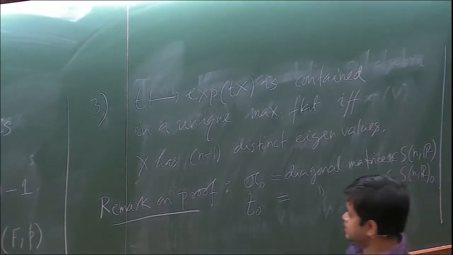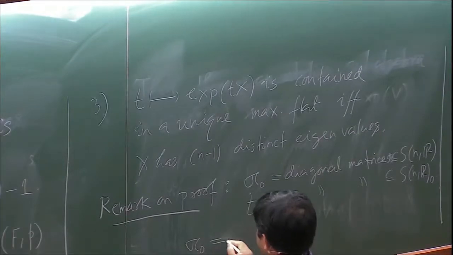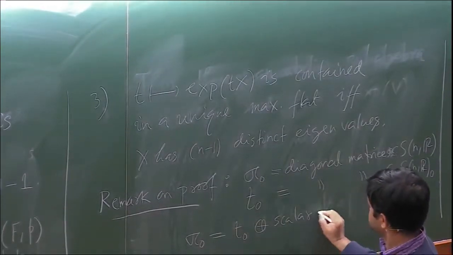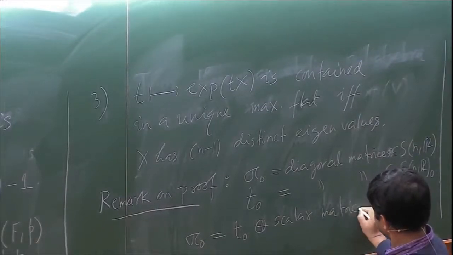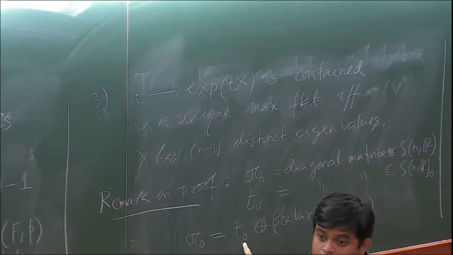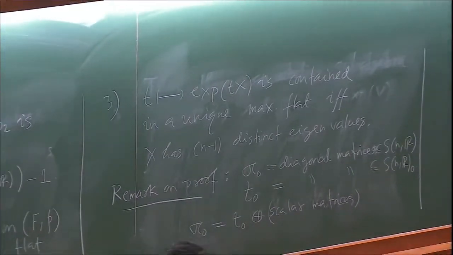Then you just notice that A0 is the direct sum of T0 plus the scalar matrices. And so this is the maximal abelian subalgebra inside this trace 0 thing. So this observation will prove all this, and the same proof that we have used will work.